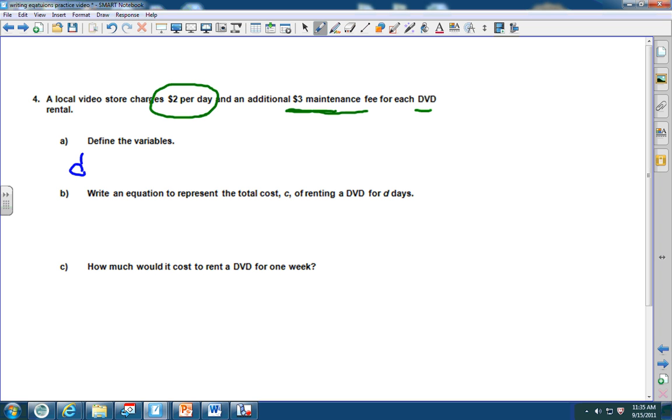I've got D equals the number of days. And then the store charges, and we're talking about dollars, so we're going to write total cost. Let me write C. C equals total cost.